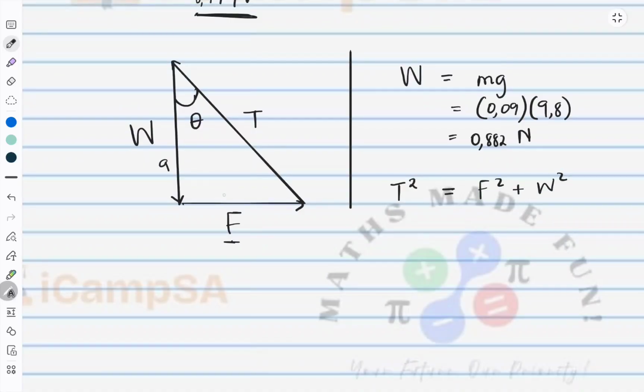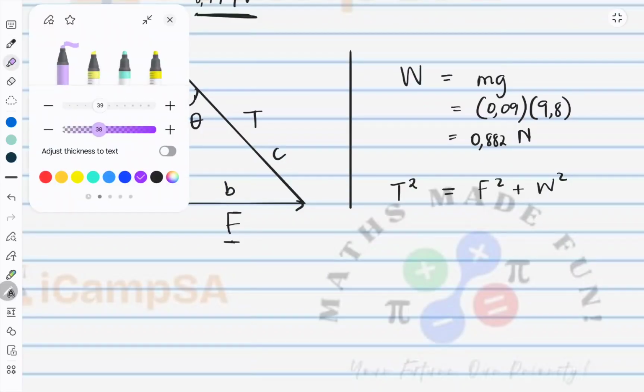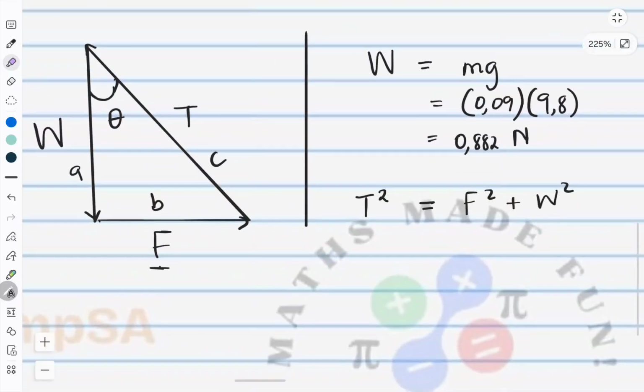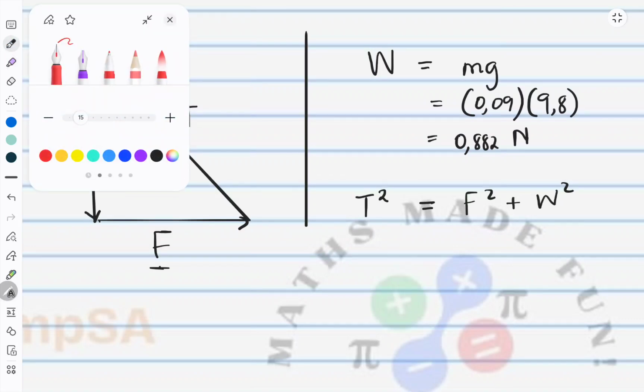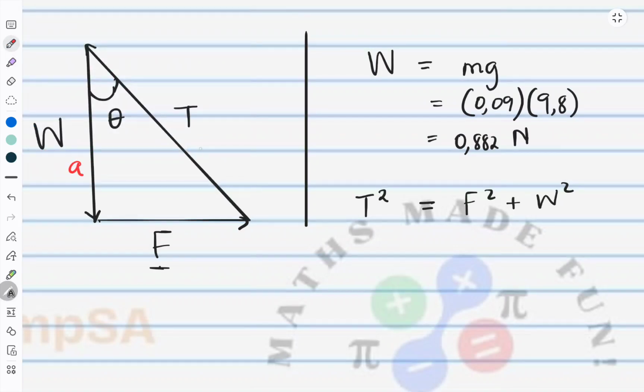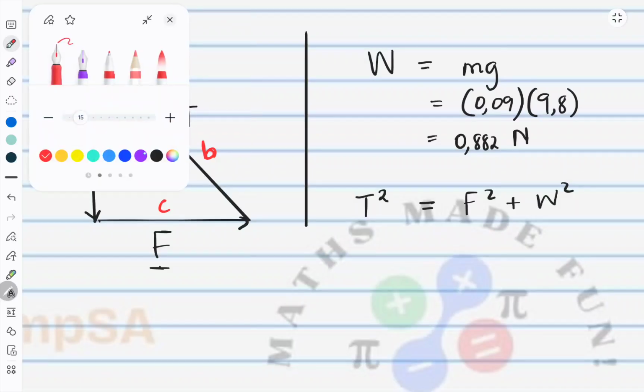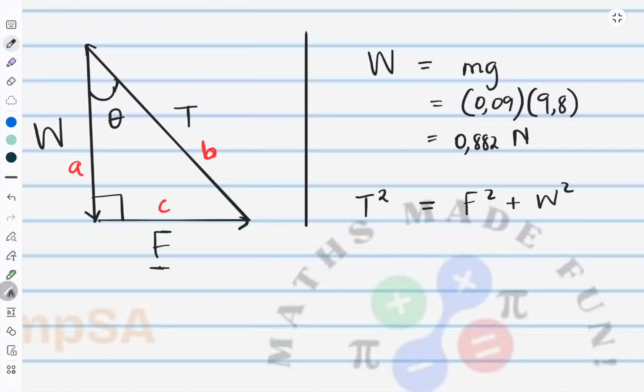Remember, this is A, this is B, this is C. Pythagoras theorem says, let me change the color so that they can stick out. This is my side A, my side B, and this is my side C, because this is just a right angle triangle. I know I didn't indicate that on this one, but on the previous diagram I did.